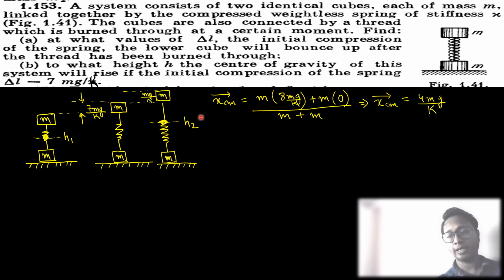Understood this much? Now the second portion I have to find out: what is the velocity of center of mass out here? Why am I finding out this velocity of center of mass? Because after this body has risen upward, the spring force wouldn't be doing any work.